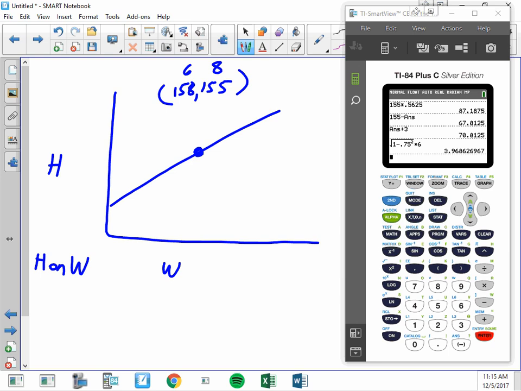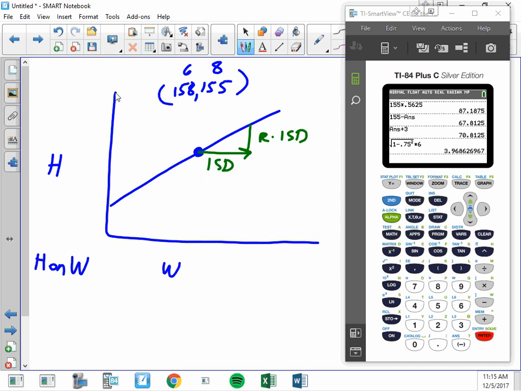In this one, we need to go 1 SD to the right, and then R times 1 SD up, 8. Is the R value going to change? The R value does not change when you switch X and Y. Oh, I wrote 8.